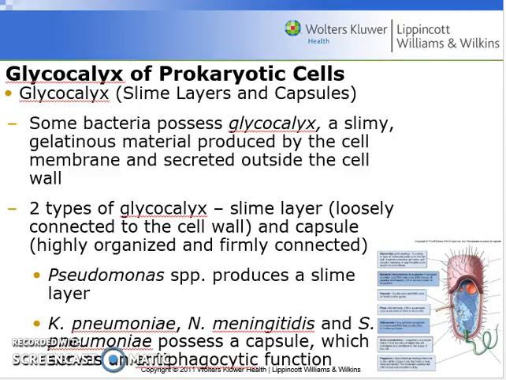Some pathogenic organisms that express these glycocalyxes are the genus of bacteria known as Pseudomonas. Pseudomonas aeruginosa is an organism that comes to mind. It's an organism that you can find in a hot tub, which can cause infection, and it will contain a slime layer that surrounds it.